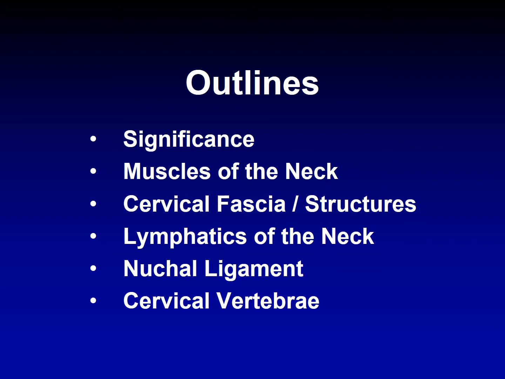The deep cervical lymph center consists of three centers: the cranial deep cervical lymph center, the middle deep cervical lymph center, and the caudal deep cervical lymph center. All these four drain the neck and part of the shoulder.